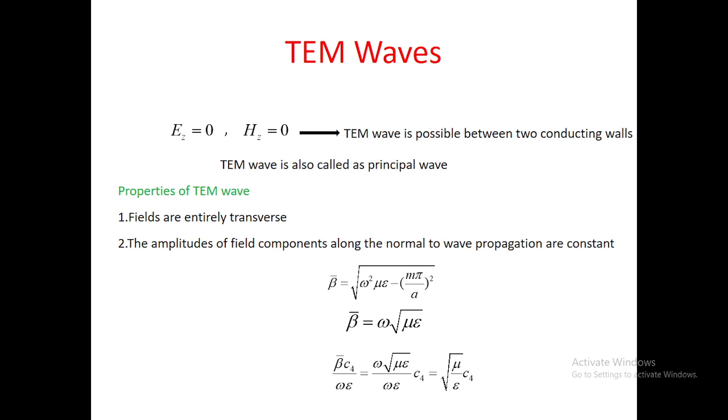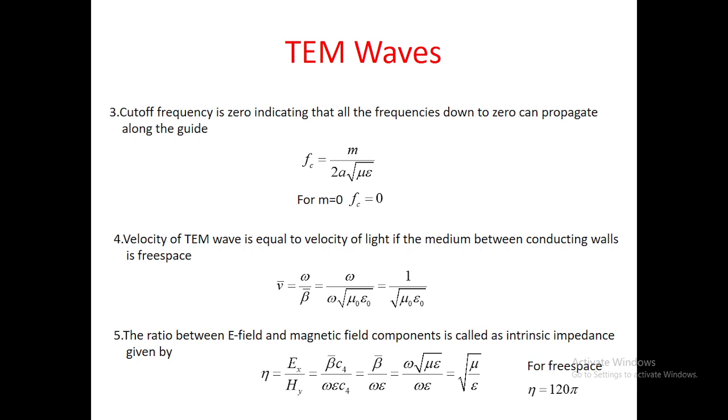The cutoff frequency is 0, indicating that all frequencies down to 0 can propagate along the guide. So cutoff frequency is 0 for the parallel plane waveguide, for the TEM wave. The velocity of the TEM wave is equal to the velocity of light if the medium between the two conducting walls is free space. Intrinsic impedance of the medium is 125.